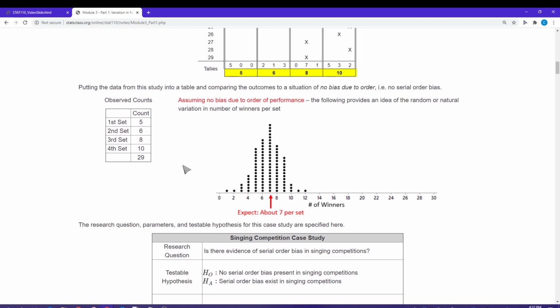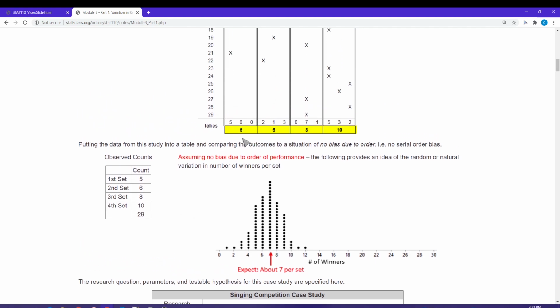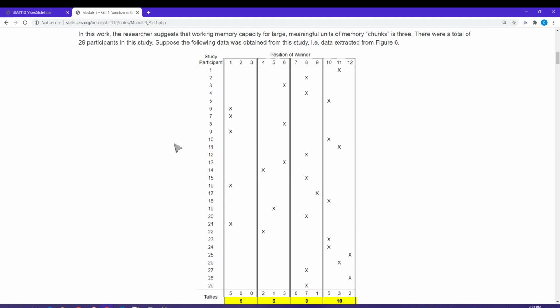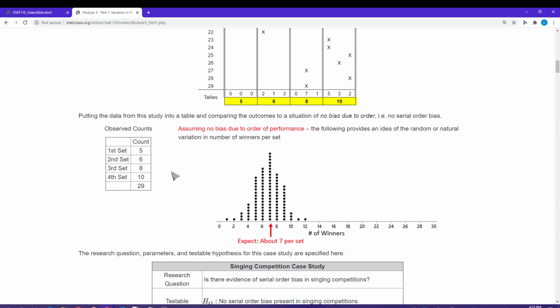We need to set up a reference distribution under a situation of no bias due to performance order. And if that's the case, we should expect 25% of the winners to come from set 1, 25% of the winners to come from set 2, 25% from set 3, and 25% from set 4. Okay, so there's 4 different sets that we're using for our analysis. There's a total of 29.